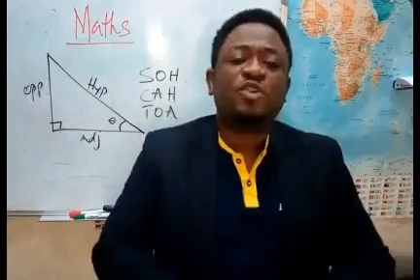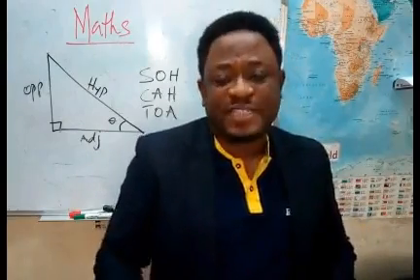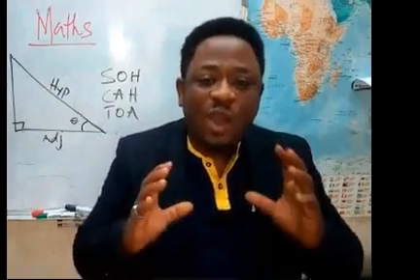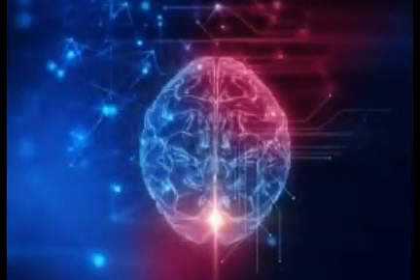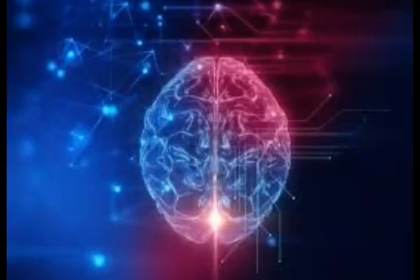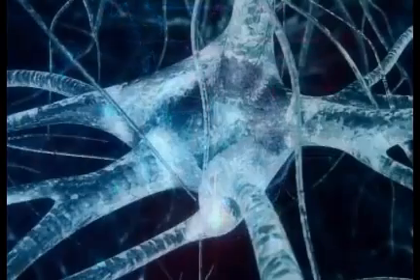Now, for you to understand the process of intelligence, we need to understand how the human brain works. For understanding of anything to take place, a number of neurons in our brain will have to process it by connecting with one another. The rate at which our neurons process information is what determines our rate of understanding, otherwise known as our rate of assimilation.